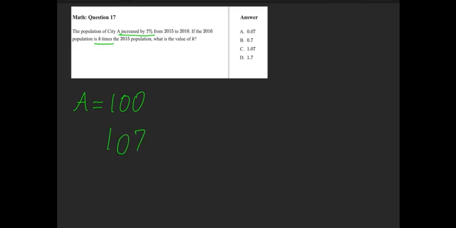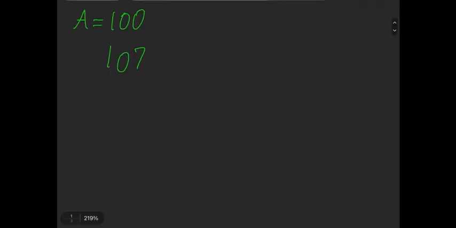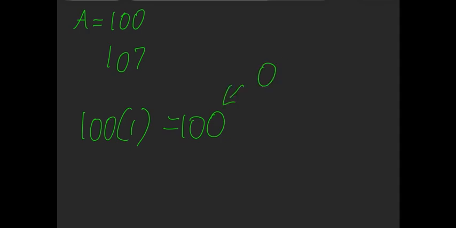It will be 107. So in 2016, we have 107 people. Now, the question asks for k, which is just the number you multiply the old population by to get the new one. If you multiply 100 by 1, you still have 100. This is a 0% growth, or an increase by 0%.